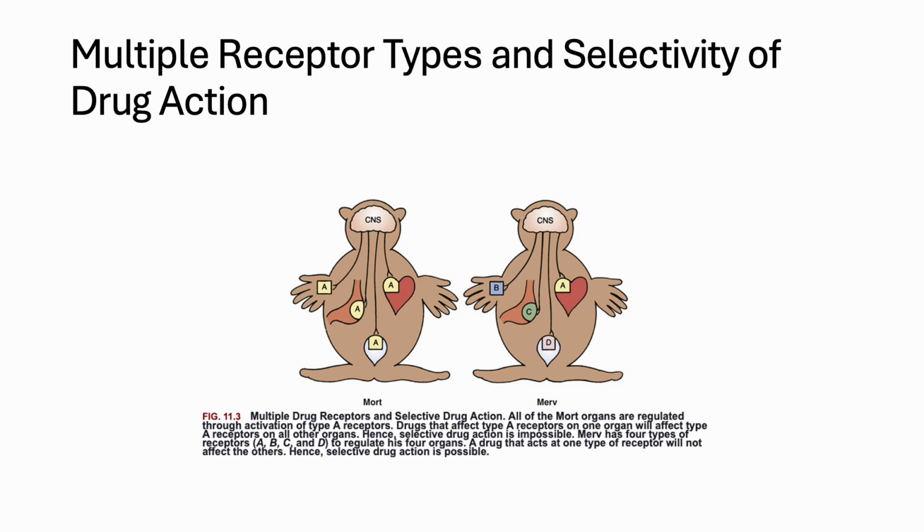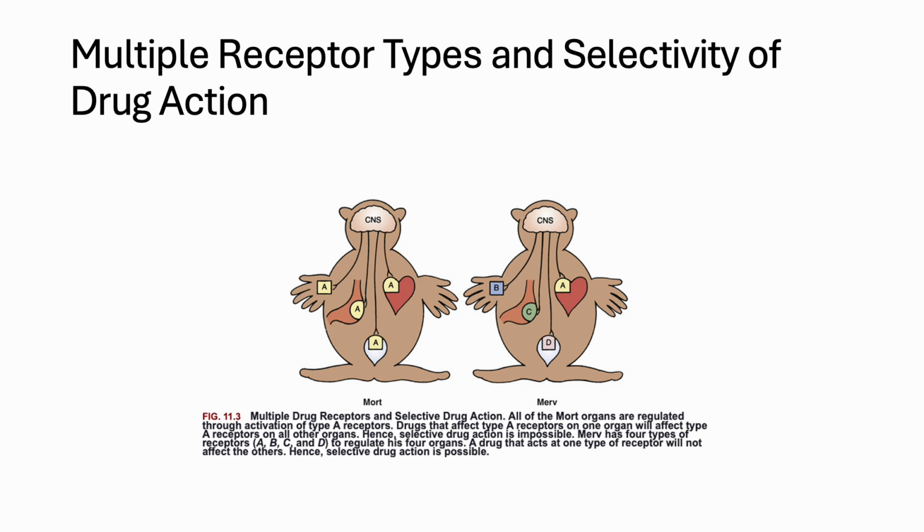Now, Merv looks just like Mort, but Mort has more specific functions on the different receptor types because he has more than one receptor. Merv has different receptors controlling all of the same four functions that we talked about with Mort.